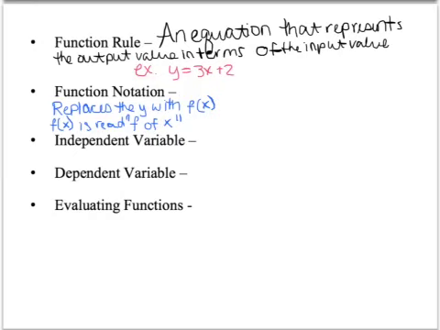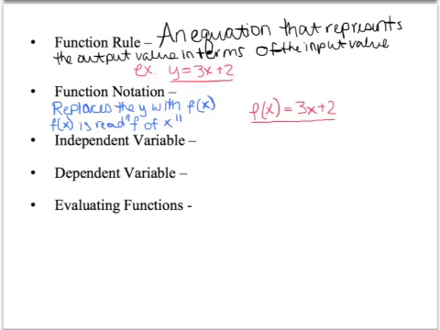Okay, so let's say, going back to our example of the function rule, y equals 3x plus 2, I can rewrite that in function notation. I simply take out the y and I replace it with f of x equals 3x plus 2. So that means that function rule and this example are equivalent.